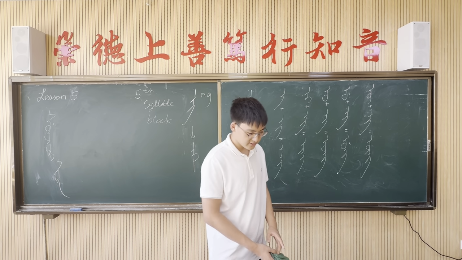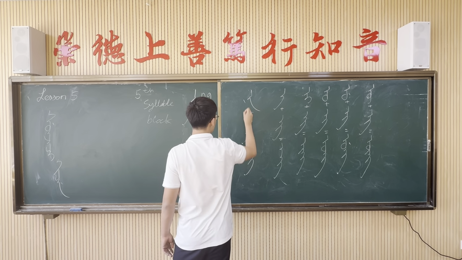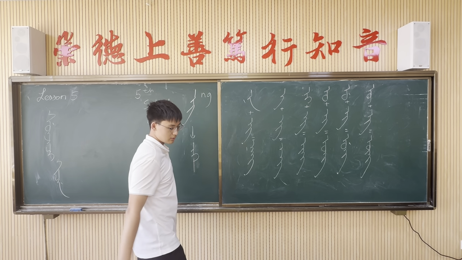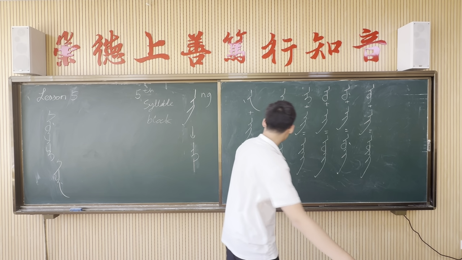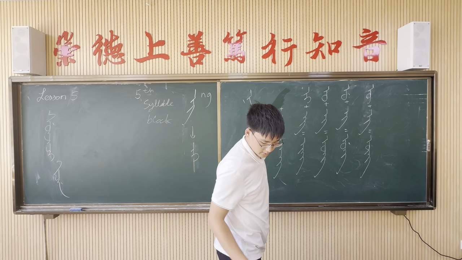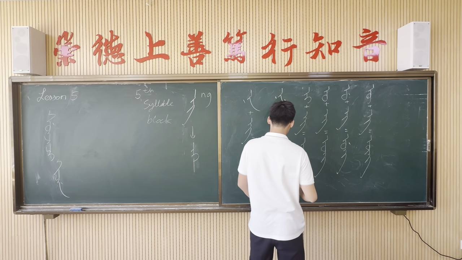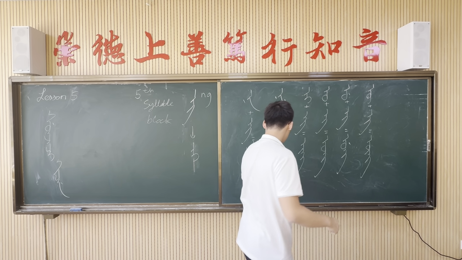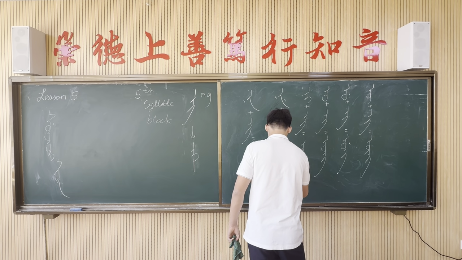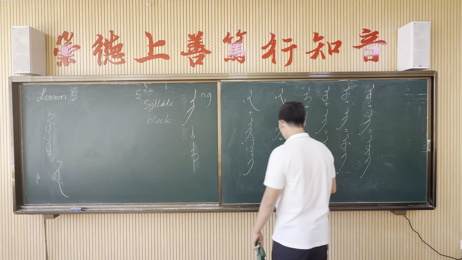Now we'll move on to the next part, which will be na plus ng. So it equals nang. Okay, nu plus ng equals nung.